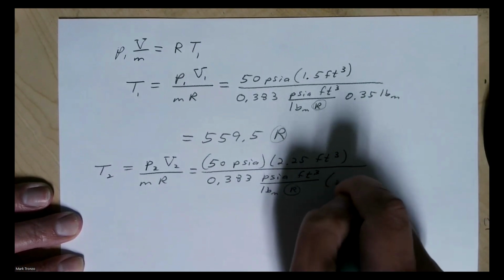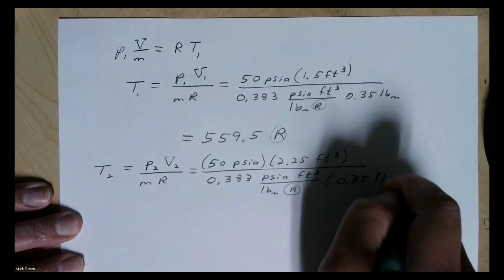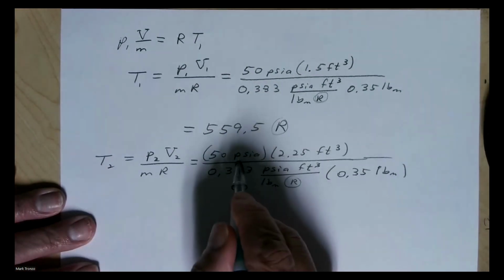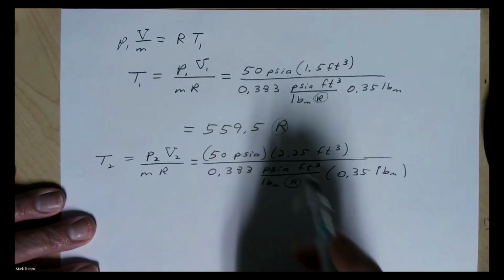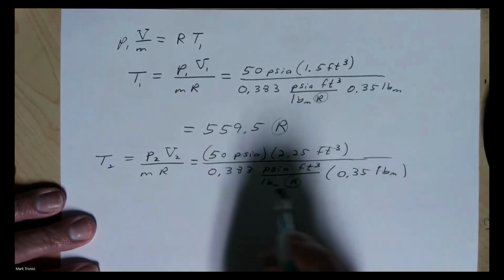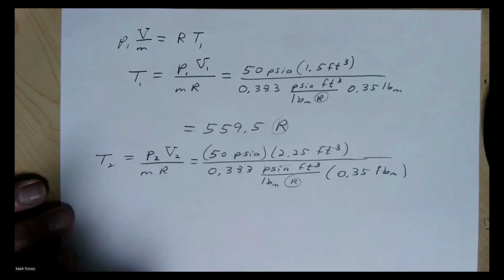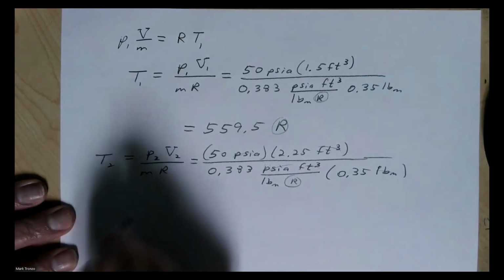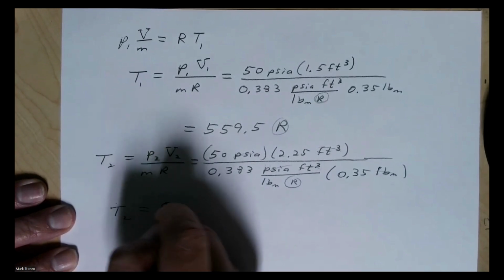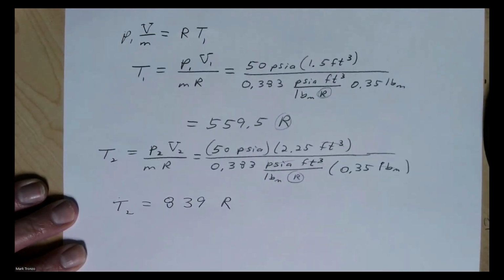And of course, our mass is not going to change. Oh, by the way, I should have checked on the last one. The units, notice the psi's cancel and the feet cubed cancel and the pound mass cancel. So we're just left with 1 over R. When we do the reciprocal, we end up with R again, which is temperature Rankine. So put that in your calculator. The temperature is 839 Rankine.